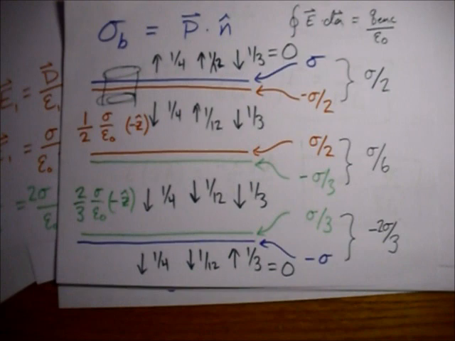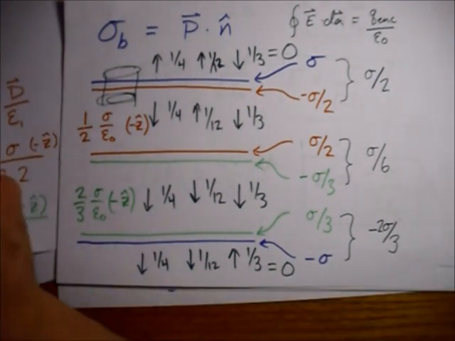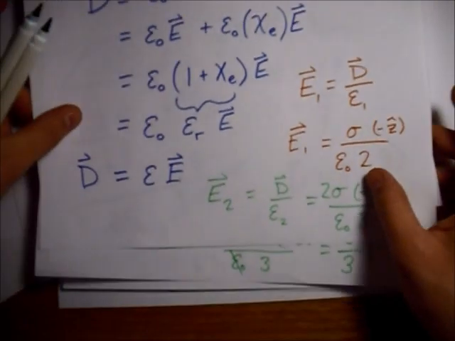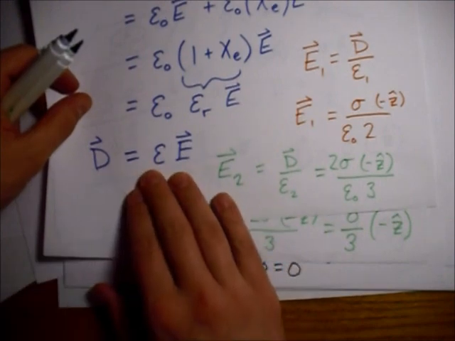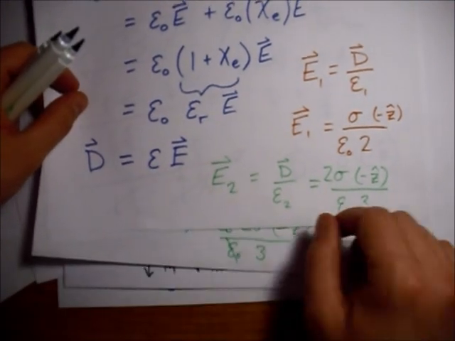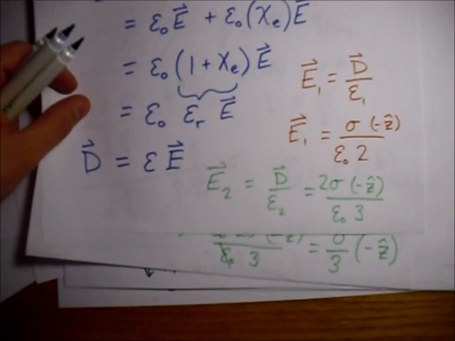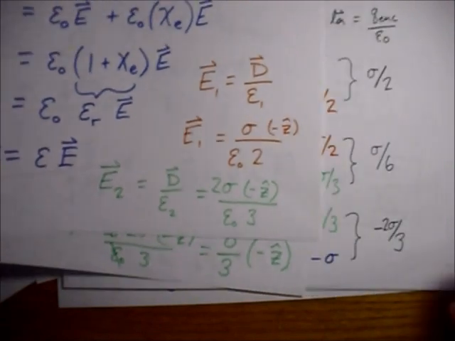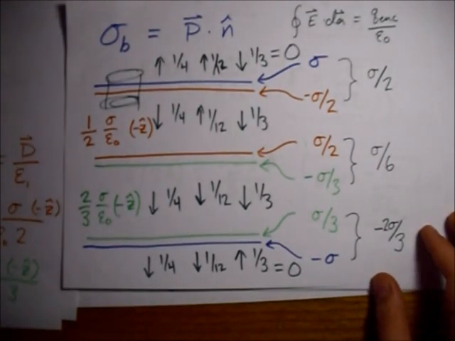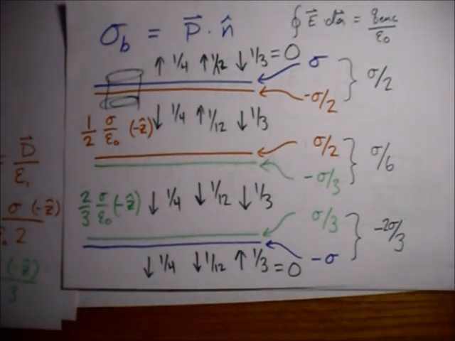Once we found the electric displacement, we just divide by these permittivities, right? Anyway, it was a lot faster the first time. So yeah, that concludes this problem. It's not too hard, but it just kind of dragged out for quite a while.